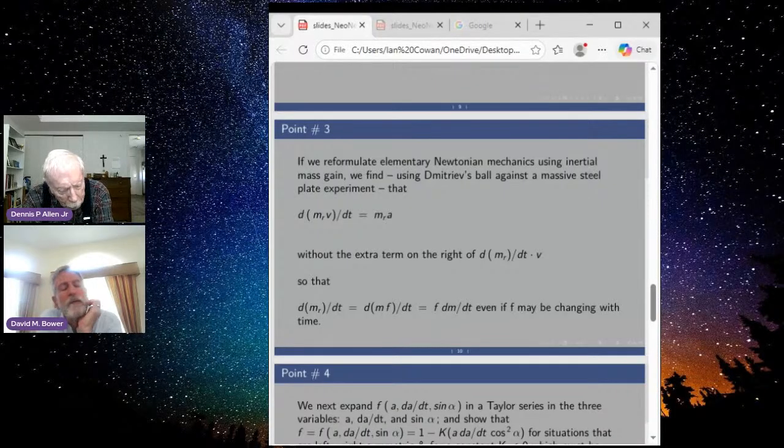One was the force, and the other was the change in inertial mass due to the change in time times the velocity. And this comes into rocketry, because as the rocket expends its fuel, it becomes less massive. So you have to use both terms to model a rocket traveling.